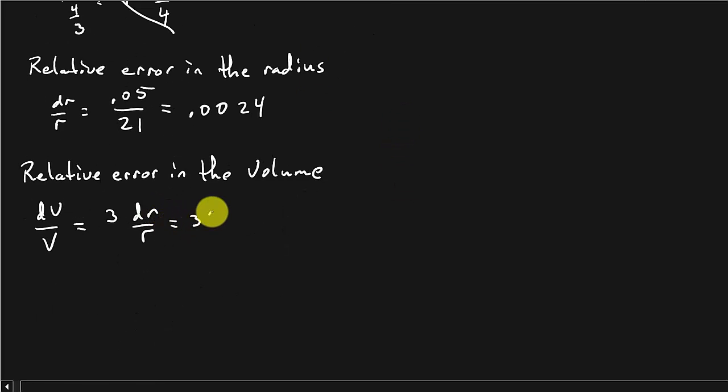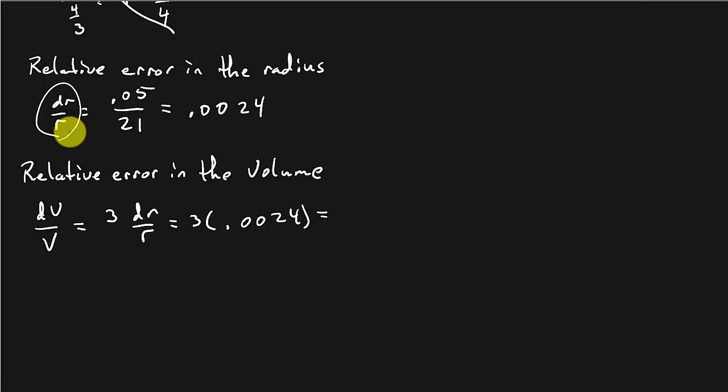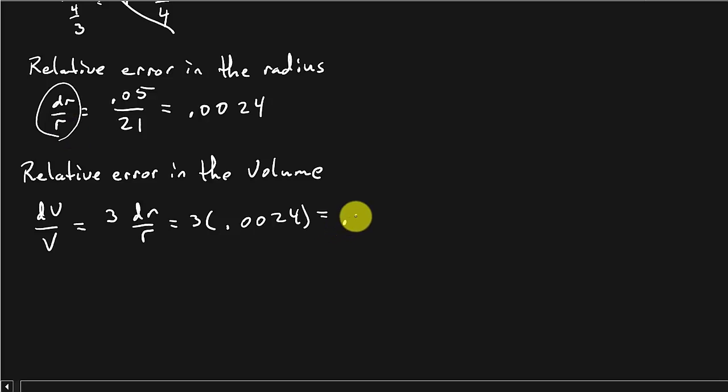So it's basically 3 times 0.0024, which we've already calculated here. 0.0024 times 3 is about 0.007. This is your relative error in the volume. There's your relative error in the radius.